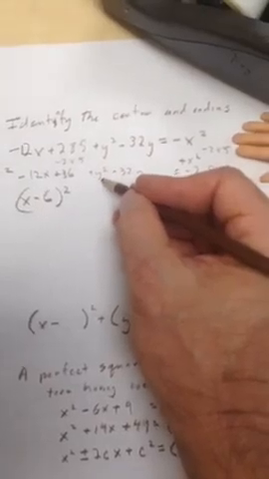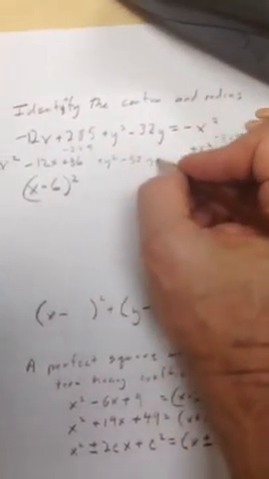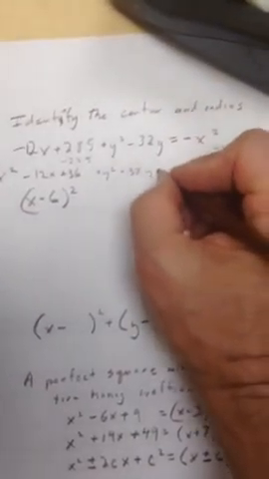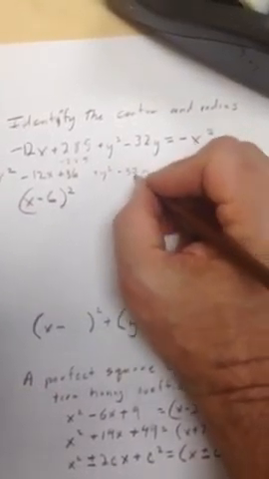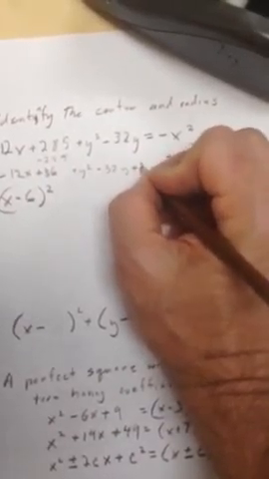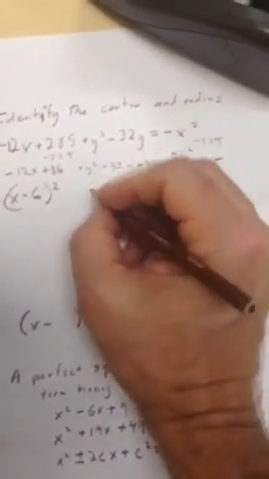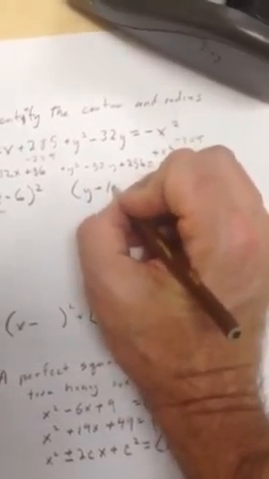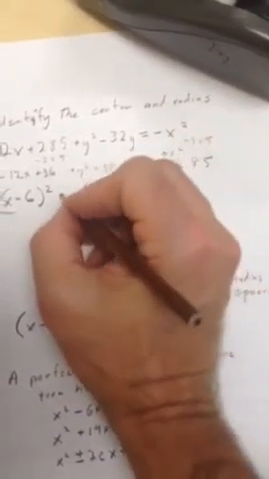And then over here, I got y squared minus 32y. My last term here must have been, let's see, 32, half of that is 16, and I square that, and luckily I know what that is squared. It's 256. So this is basically y minus 16 squared.